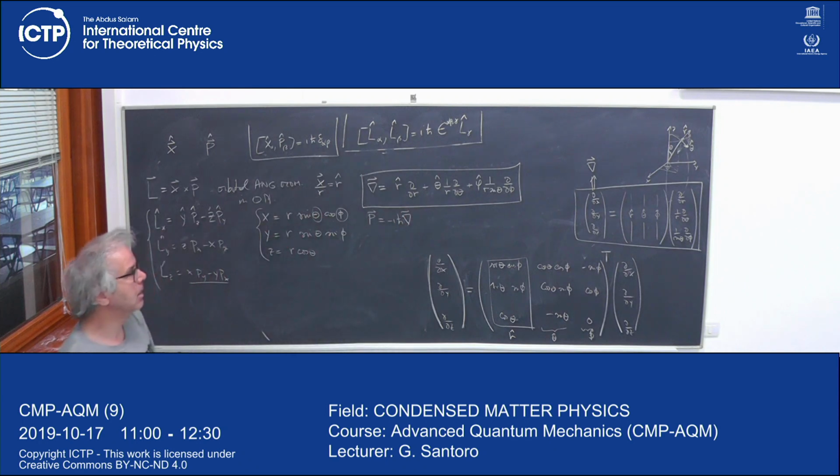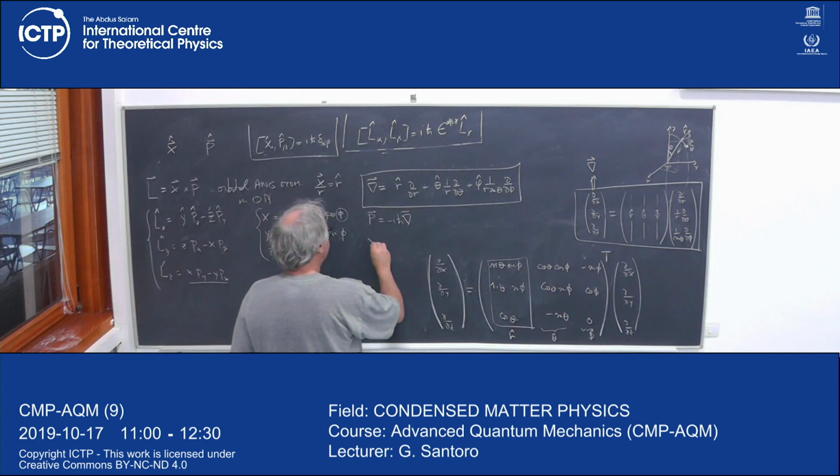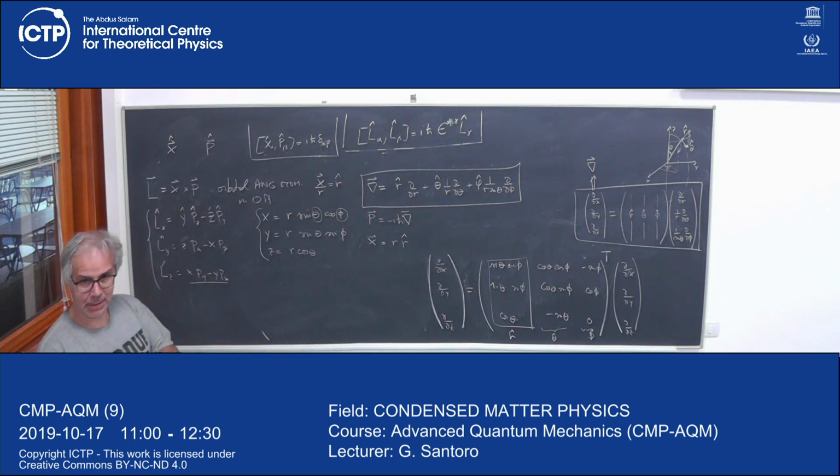Okay? X is equal to R times R. Right? The vector is the length times the radial direction. Okay?